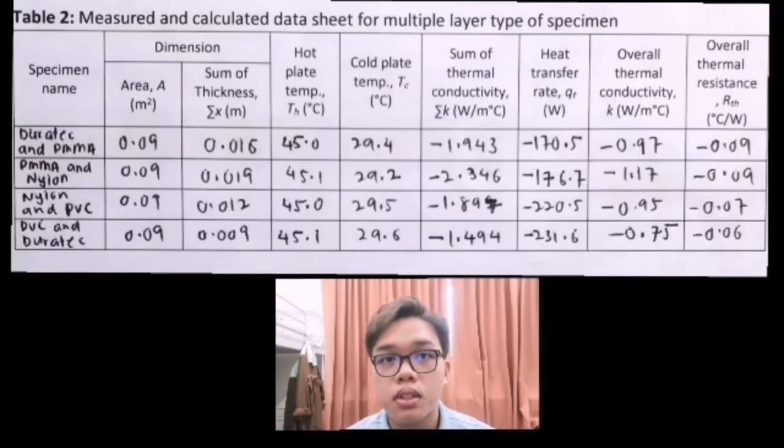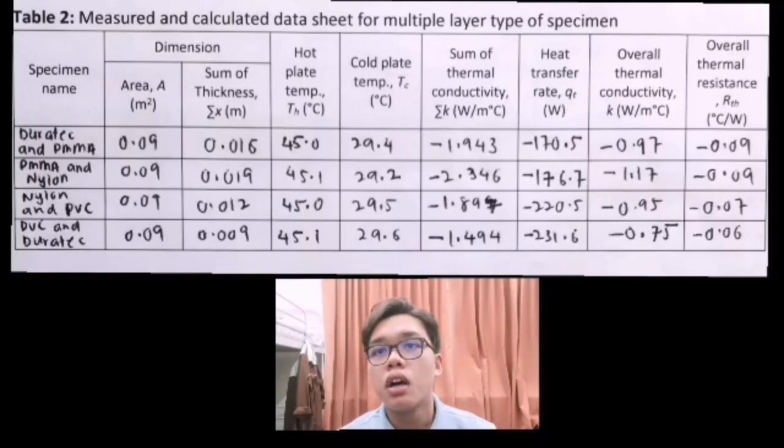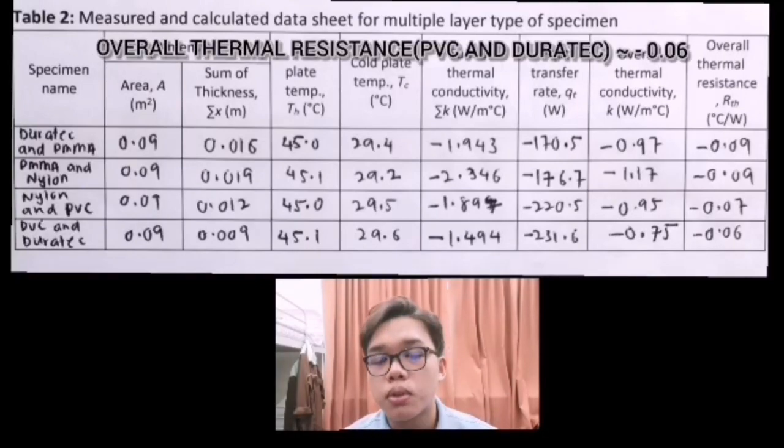The final specimen is PVC and Duratec. The value of hot plate temperature is 45.1, cold plate temperature is 29.6. Sum thermal conductivity is negative 1.494. Heat transfer rate is negative 231.6. Overall thermal conductivity is negative 0.05. Overall thermal resistance is negative 0.06.